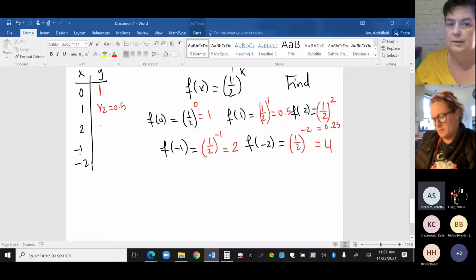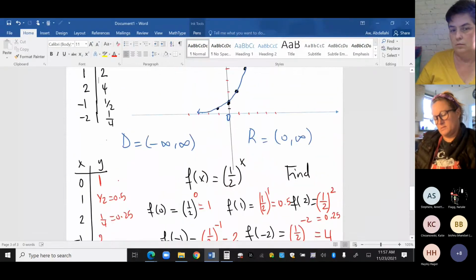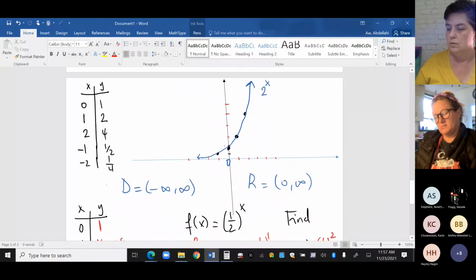I have 2, 1/4, 0.25. I have -1, 2. I have -2, 4. So my 5 points, let me put them here in red.